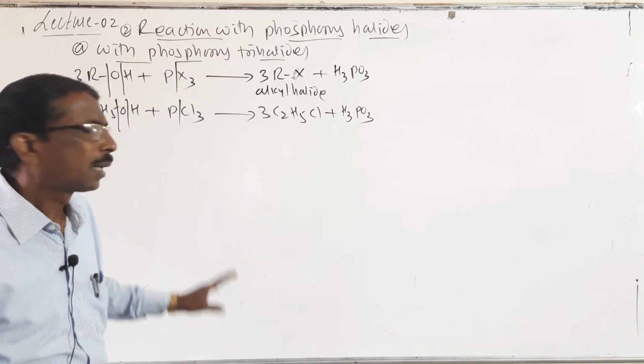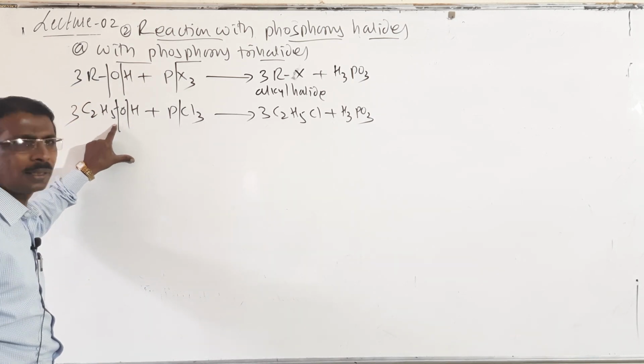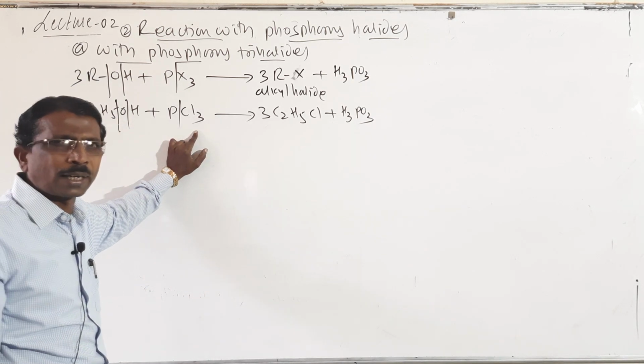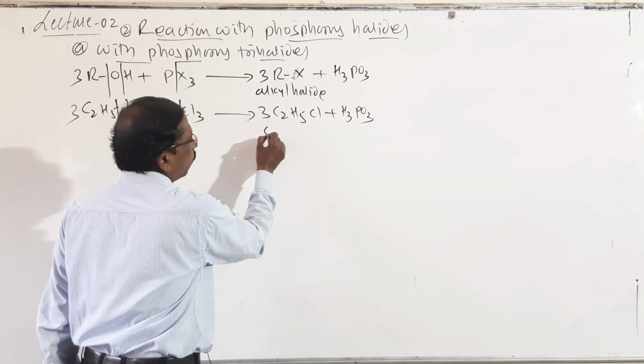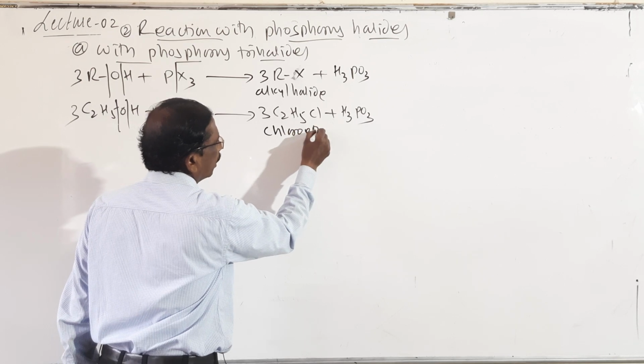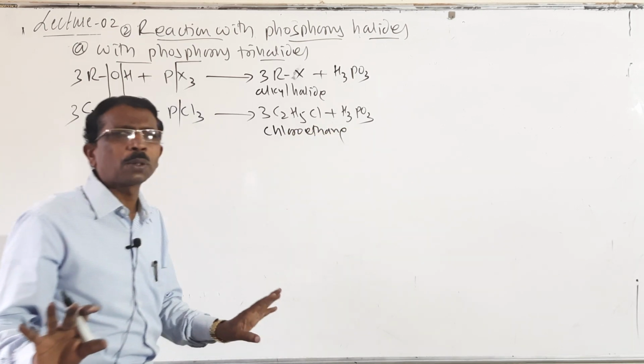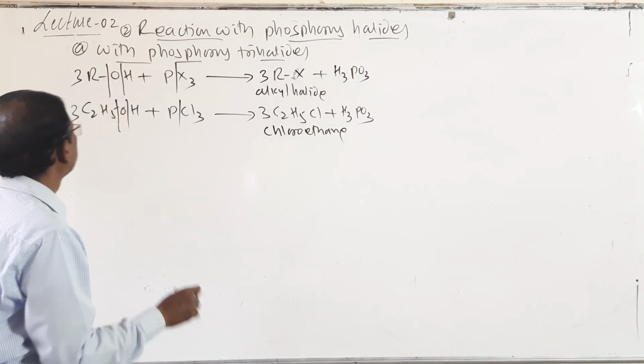Write the statement: when ethyl alcohol is treated with phosphorus trichloride, ethyl chloride or chloroethane is formed. This much only, a single line.